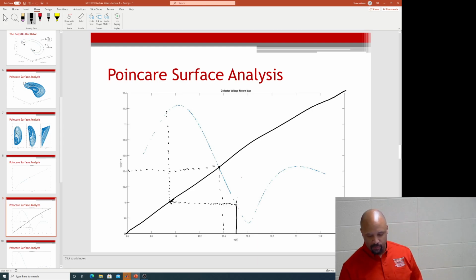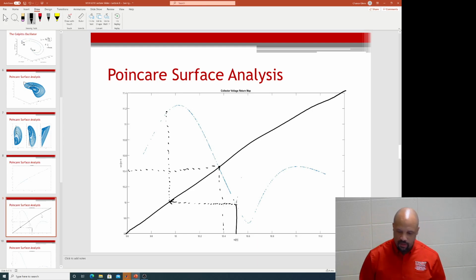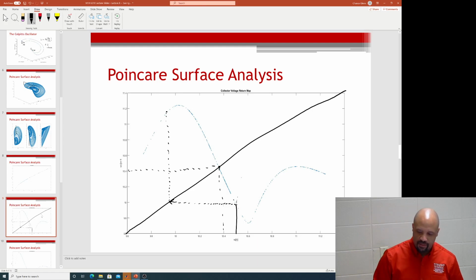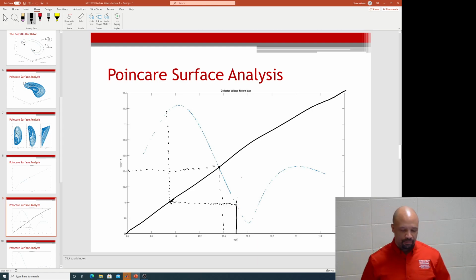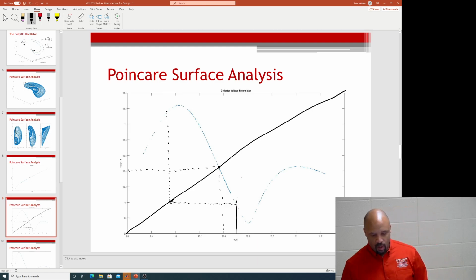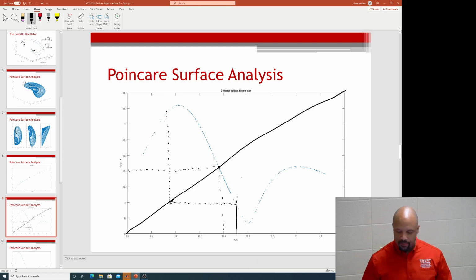Then I'll go to 11.2 over here, and that'll tell me where my next one occurs. Now, this is not as simple as, remember in the logistic map, it was a single hump type map. This one has a couple of humps to it, which makes it a little bit more complicated, but you can still use it the same way.